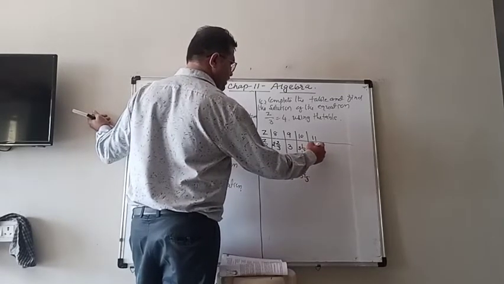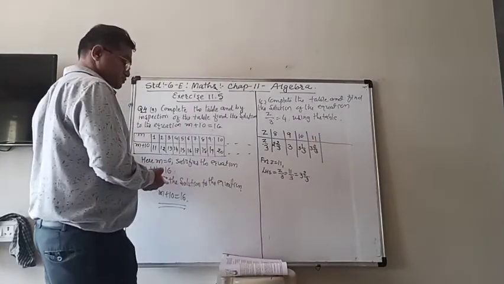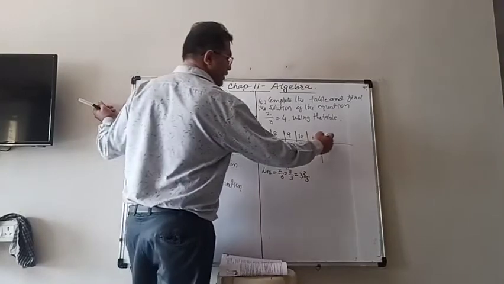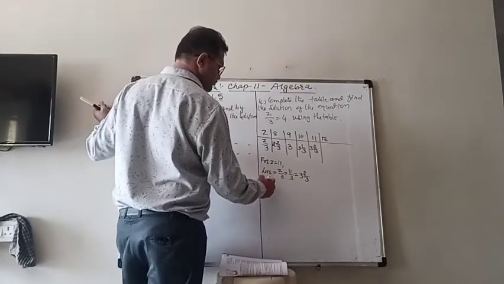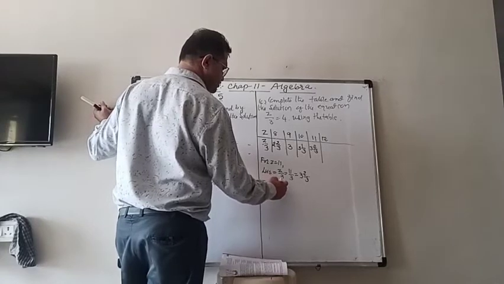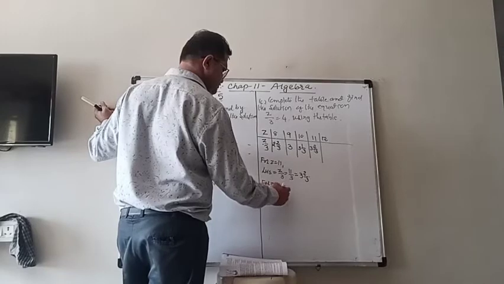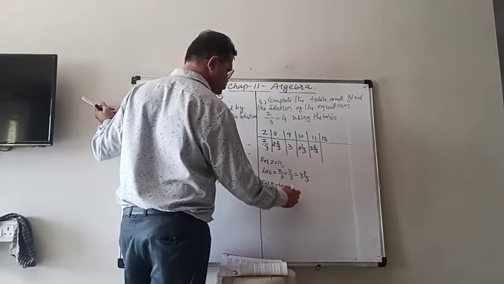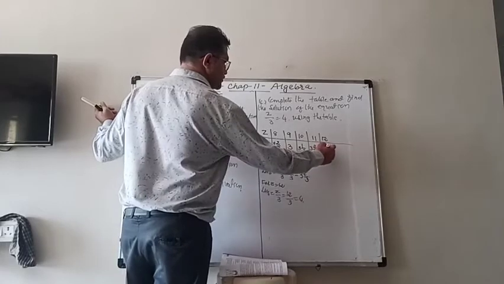So at 11 you write down 3 integer 2 upon 3. Now take 12. For z is equal to 12, LHS is z upon 3, that is 12 upon 3. 3 4s are 12. So here we get 4.